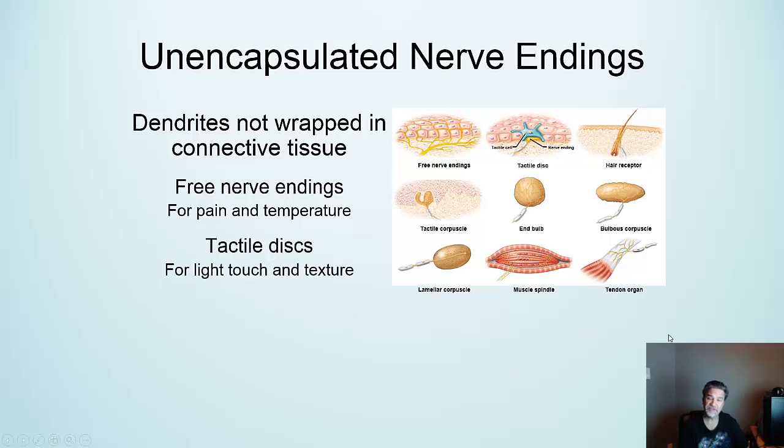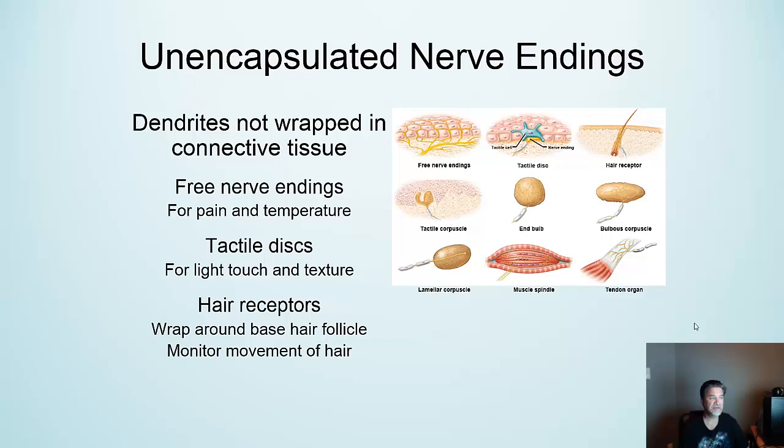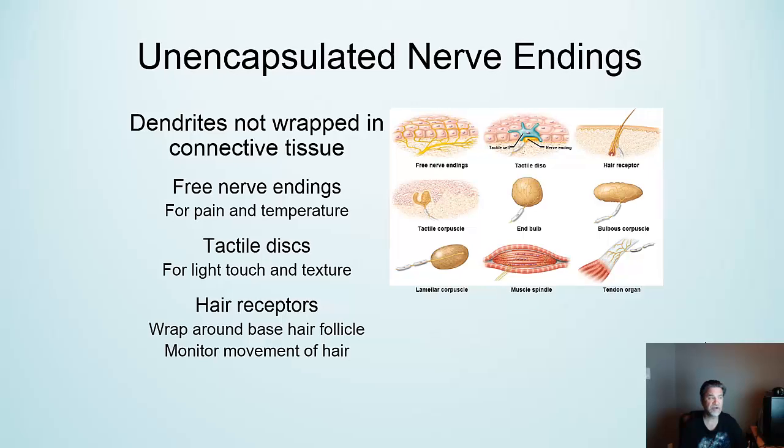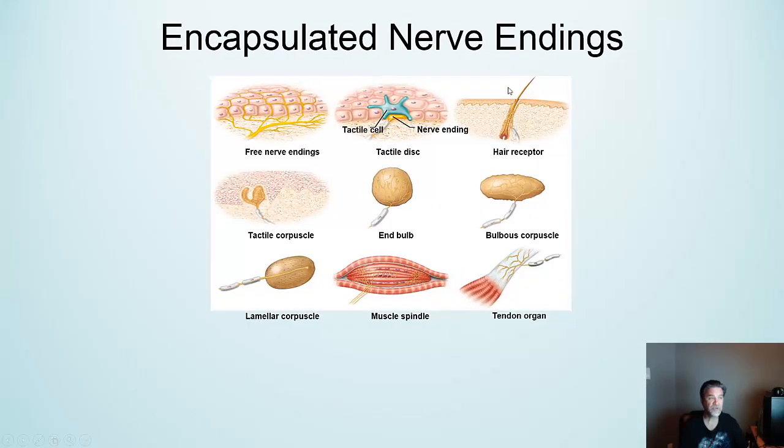The tactile discs that we discussed before, when we discussed the 5 layers of the epidermis, are in the innermost layer, the stratum basale. And hair receptors function to monitor the movement of the hair. So these top 3 are unencapsulated.